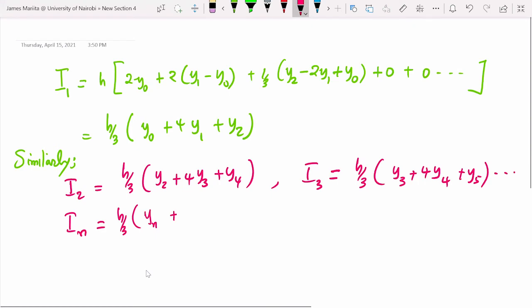When do we get to I1? That is when n is equal to 0, isn't it? Then this becomes 4y n minus 1. So this is 3, then 0 minus 1. What's going on with this?